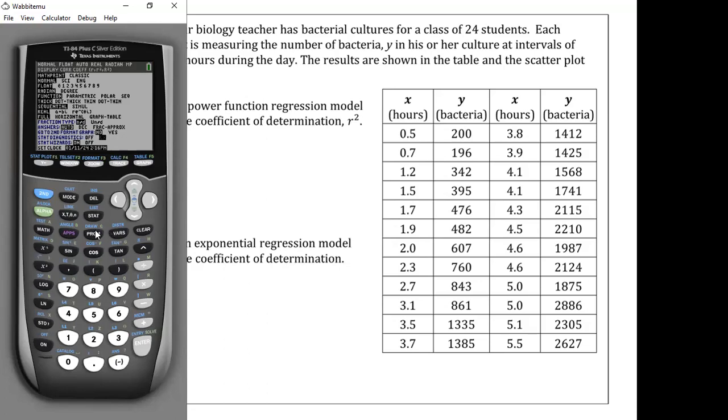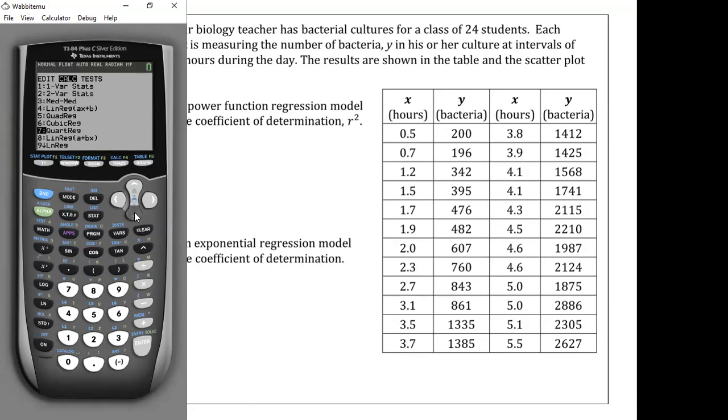Now, the power function is a pretty cool function. The reason it's pretty cool is because it goes through basically determining whether it's linear, quadratic, cubic, quartic; it goes through the different powers, and it'll tell you from there. So I'm going to go down.